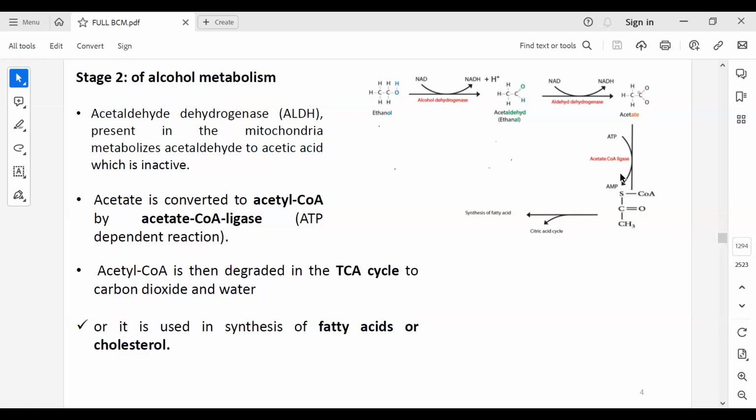So we've already seen in the TCA cycle that pyruvate goes in as acetate, as 2-carbon. And the same thing, acetyl-CoA again, is used in the synthesis of fatty acids.